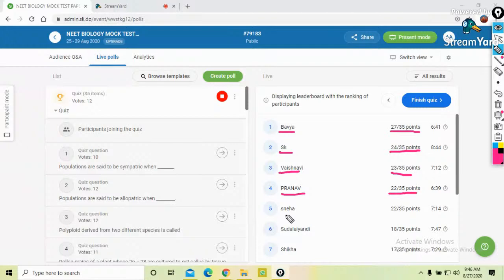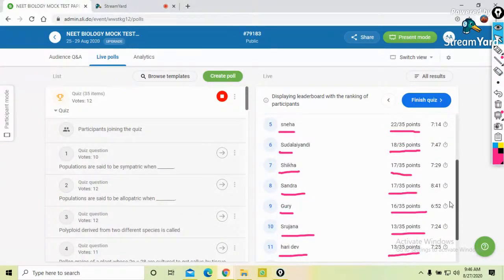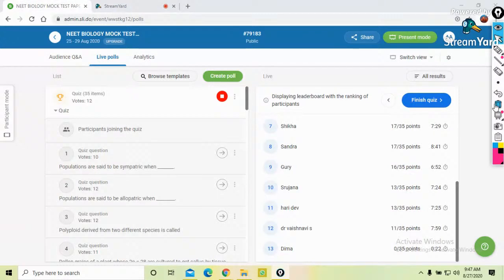Sneha 22 on 35. Srilanti 18 on 35. Shikha with 17 on 35. And let's check who all are the rest. Yes. What happened to Dima? Shikha 17 on 35, Santra 17 on 35.